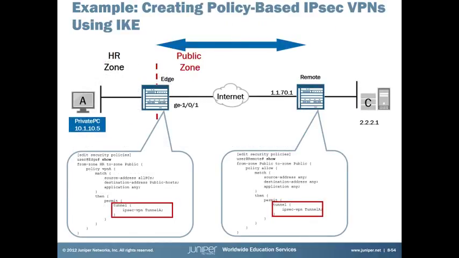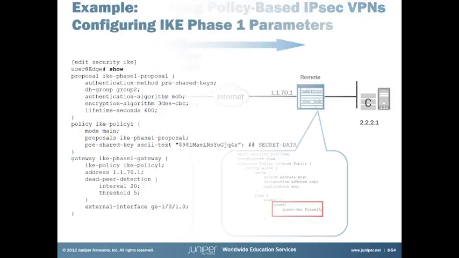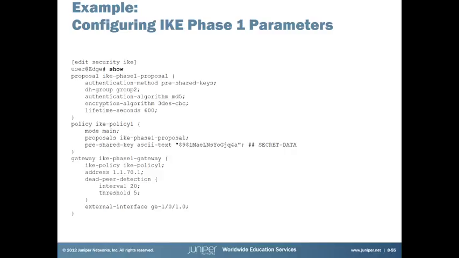I just want you to take note. That is the public IP address of the other end of the connection. So the address that goes here is the public IP address of the other end. So we have dead peer detection, we have our external interface using that.